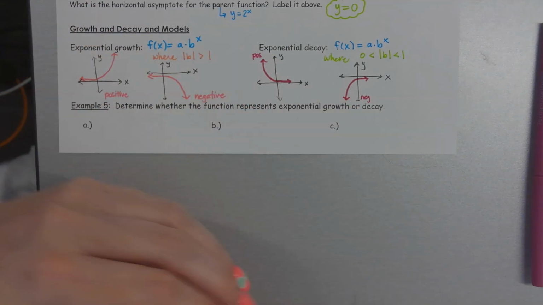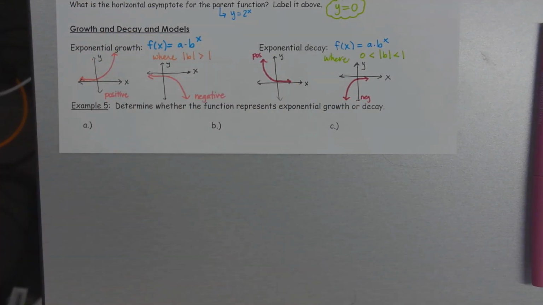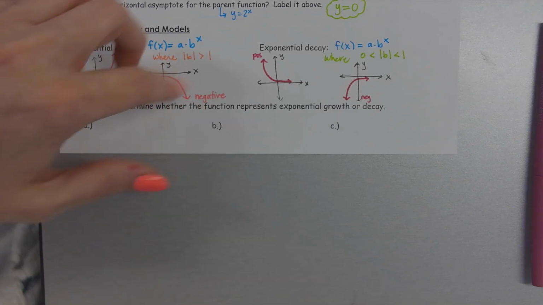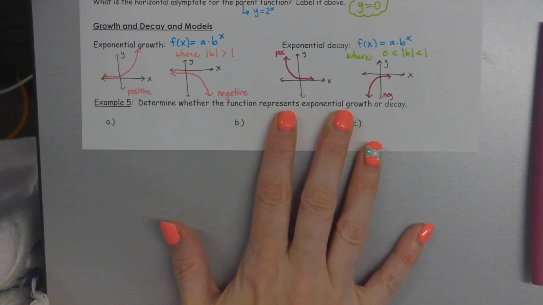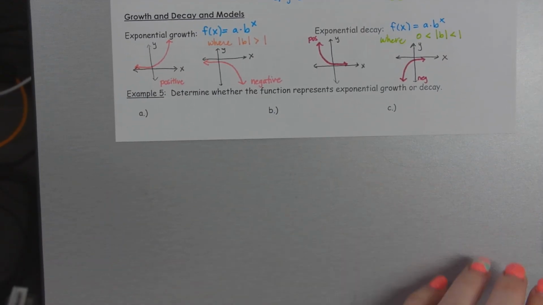So if you're looking at the graph, you can determine if it's growth or decay. Is it approaching a very large value, a very small value for growth, or is it getting closer and closer to an axis here? Okay, you can also determine if it is growth or decay based on your function.